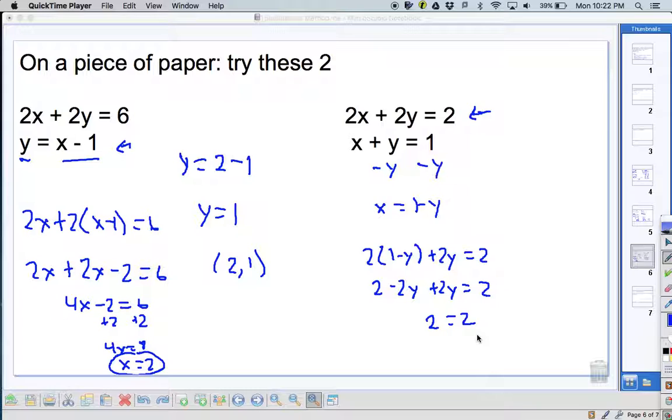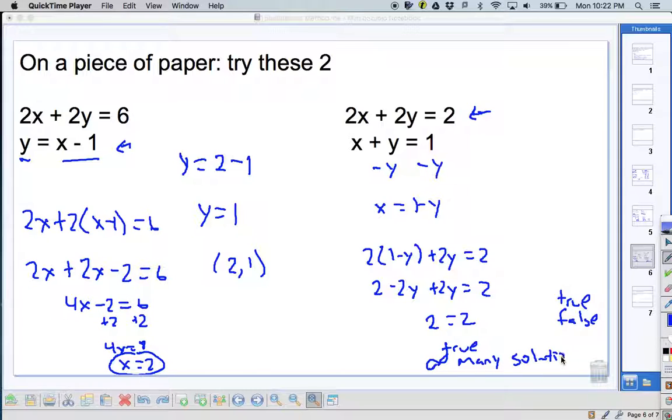This sometimes happens. Anytime either your x or y vanishes, and you're just left with a statement like this, it will either be true or it will be false. If it is true, and 2 does equal 2, so this is true, this means that there are infinitely many solutions.